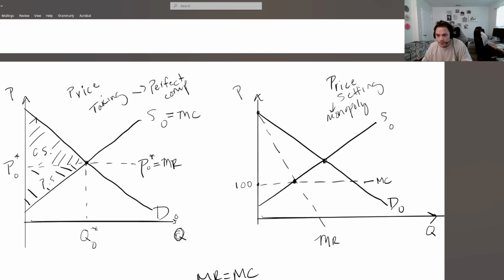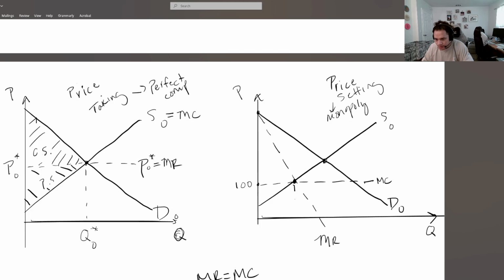When we think about the intuition behind these price-taking firms, theirs is much more established by the supply side of the market. On the price-setting firm, theirs is much more determined by the demand side of the market. And so we identify this point where marginal revenue is equal to marginal cost. In our Excel sheet, remember our marginal cost was constant at $100.